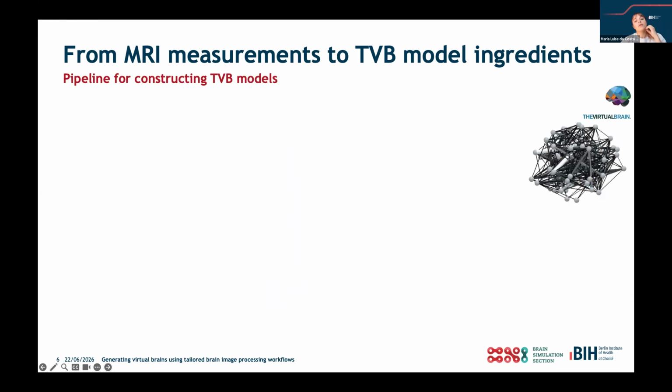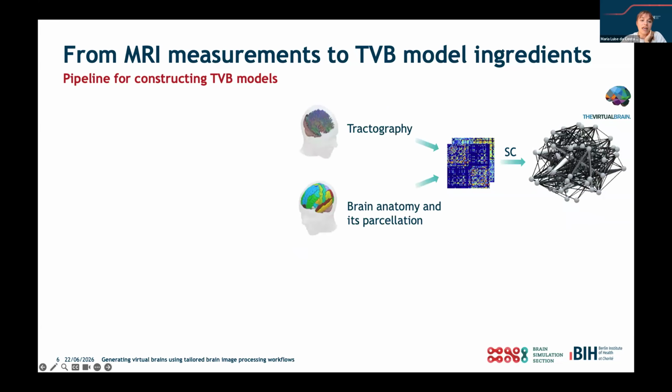This network is built from the structural connectivity, which incorporates the information of the tractogram of the brain and the brain anatomy and its parcellation. We also need a functional connectivity, which takes the information of the brain activity.